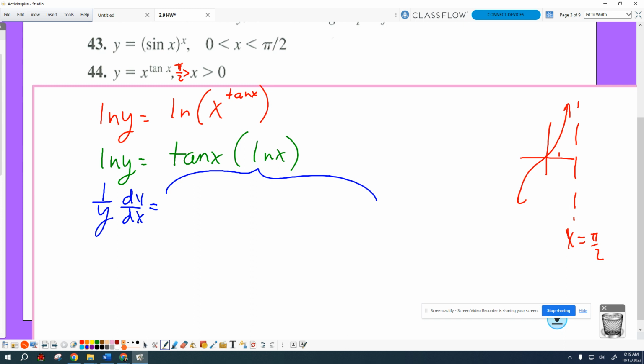It would be tan x times ln x. Derivative of ln x, which is 1 over stuff. 1 over x. So sorry. And then plus ln x times negative secant squared x. ln x times positive.